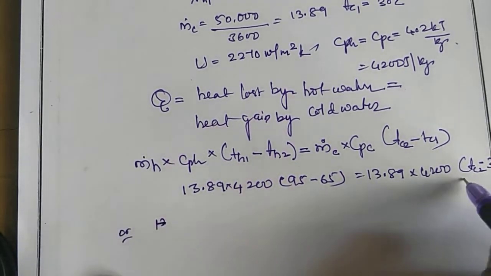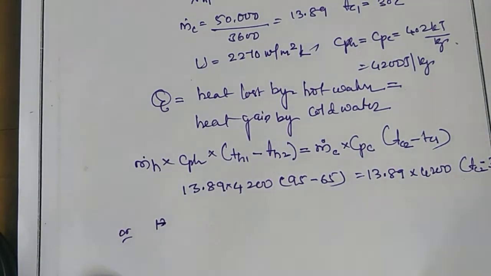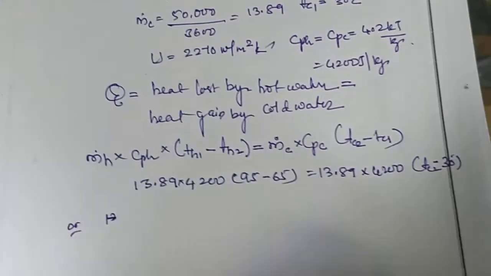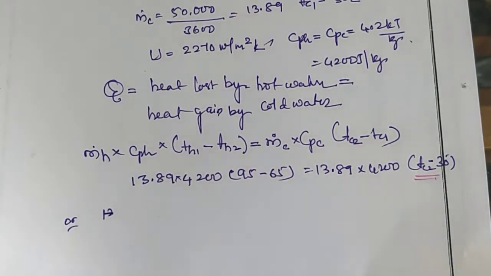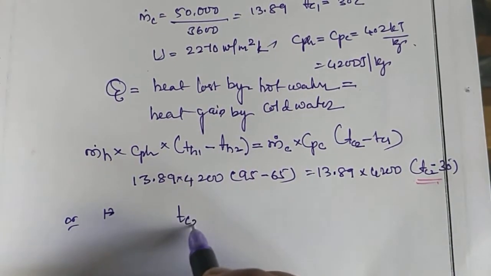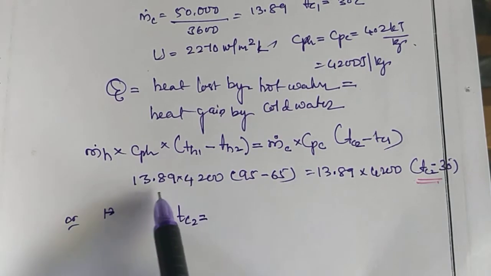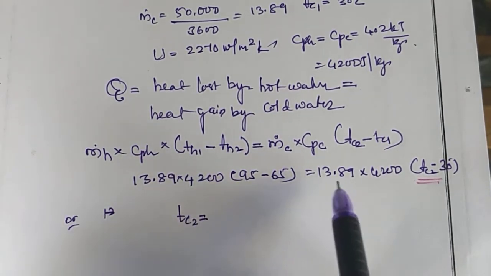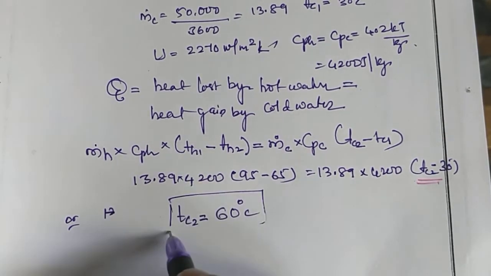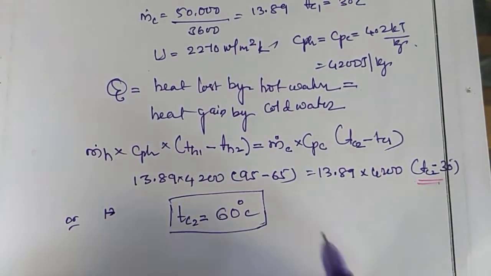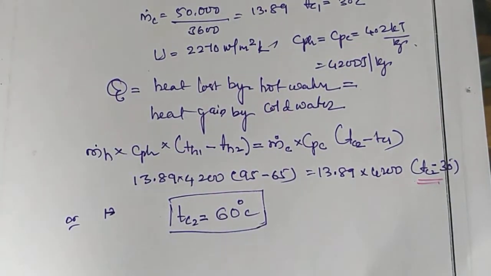From this equation the unknown value is Tc2. You calculate all these things and find Tc2, that is the temperature of the cold fluid at the exit, and you will get 60 degrees centigrade when it is parallel flow.